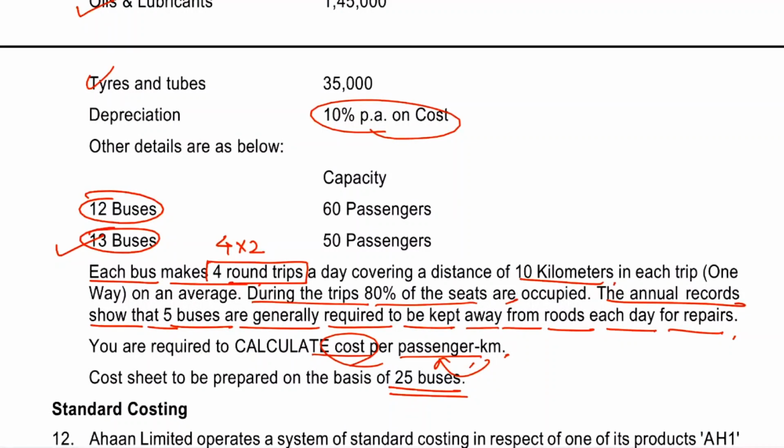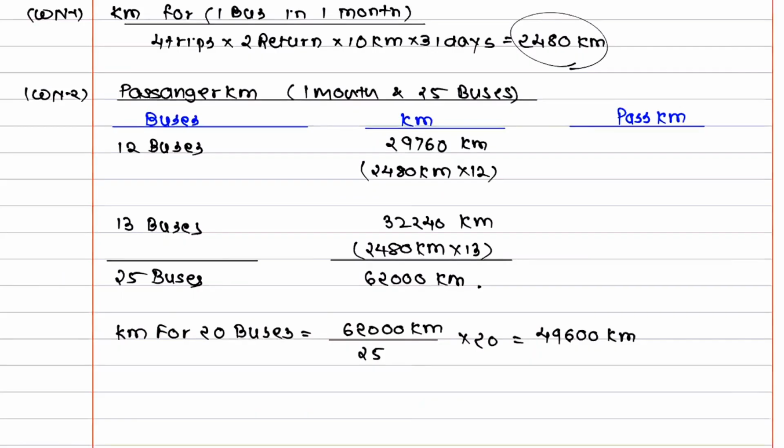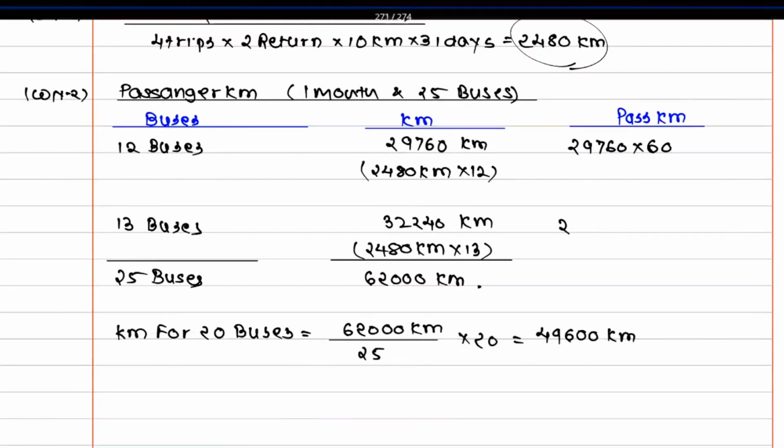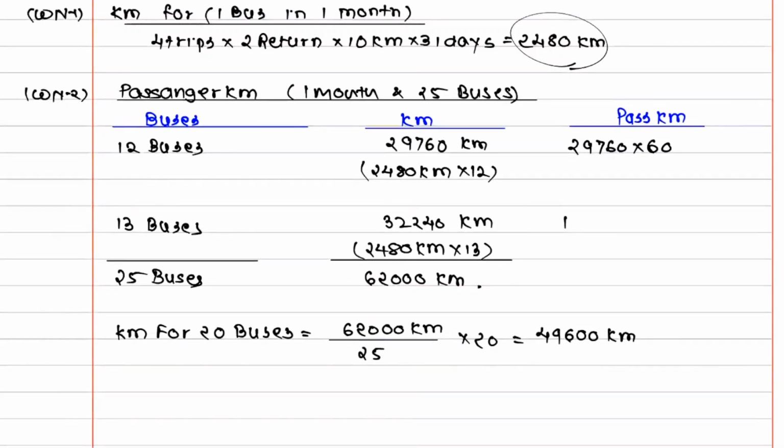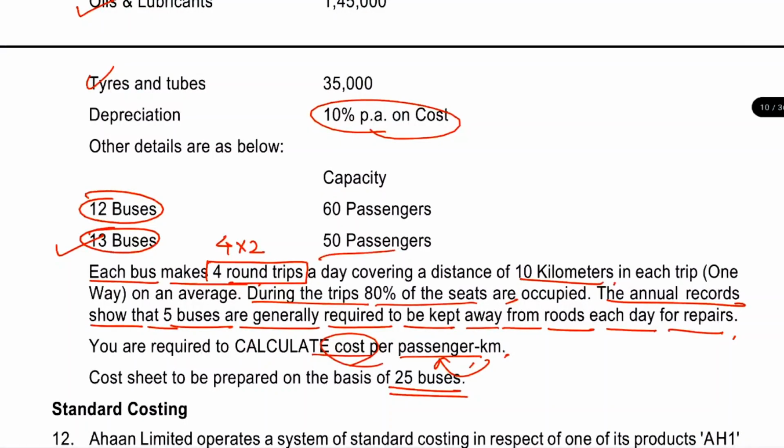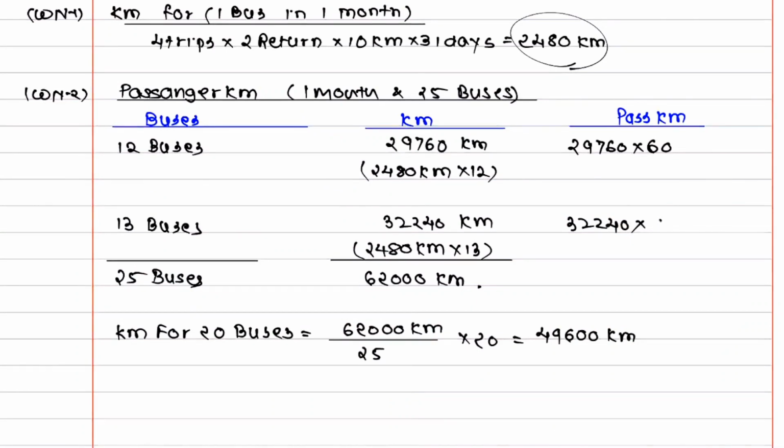So what you will do is like this. These many kilometers I agree. Into how many passengers are there? 60, I think, in these buses. And then, one second. These 13 buses are going to travel for how much? 32240 kilometers, right? And their capacity is 50 for these 13. But is this the right answer?